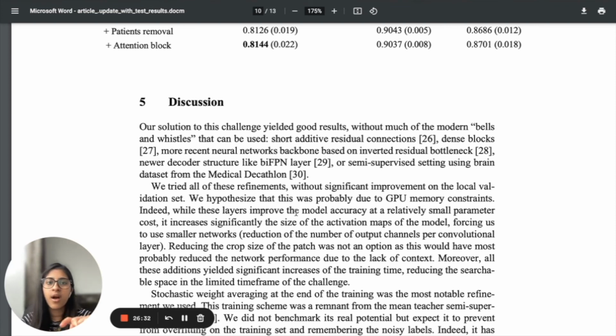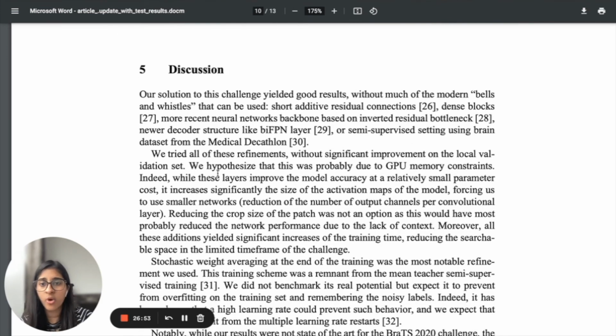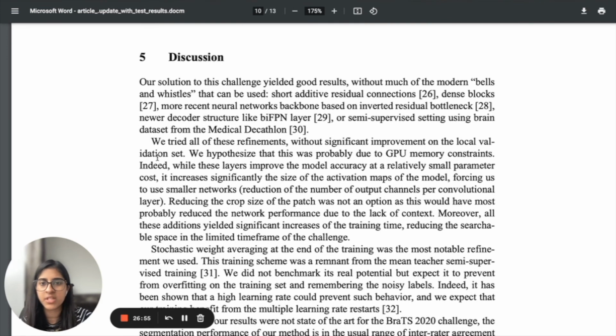They could have used dense blocks, more recent neural network architectures that have that bottleneck, and semi-supervised settings. They could have done a lot of things, but even without them, they got a pretty good result. And they actually did try those refinements, but it didn't really help them so much.